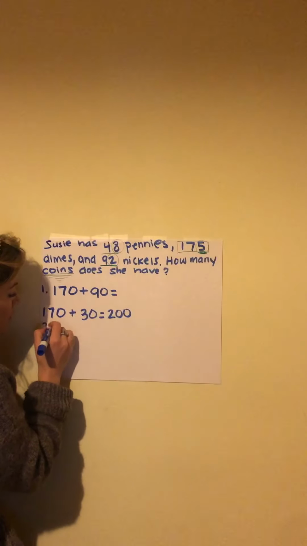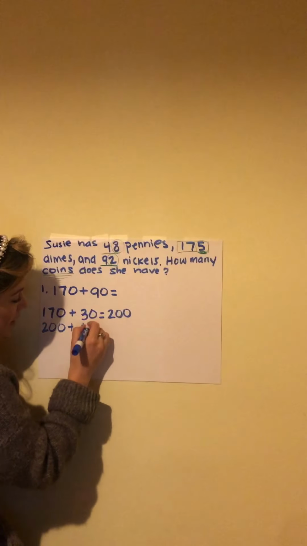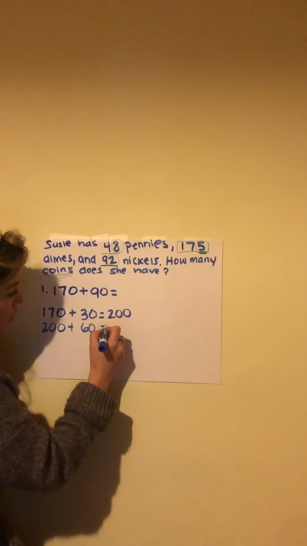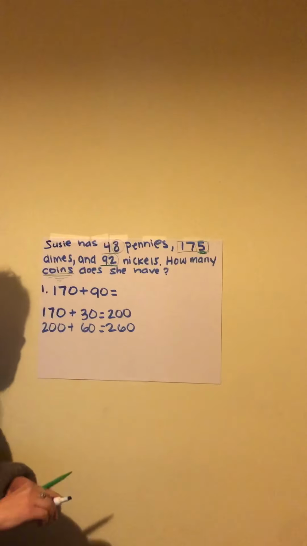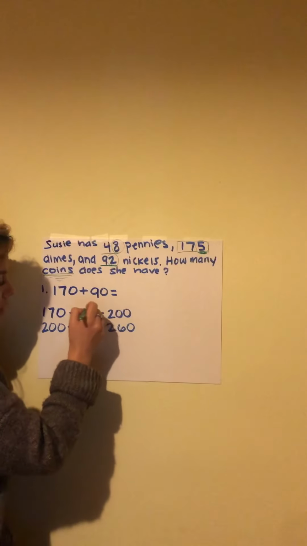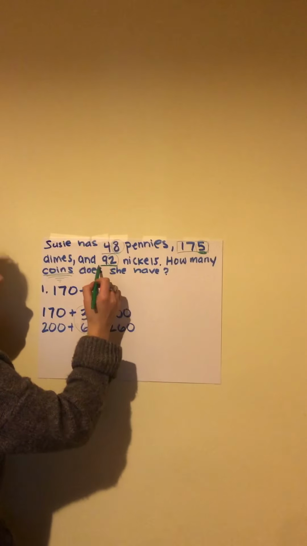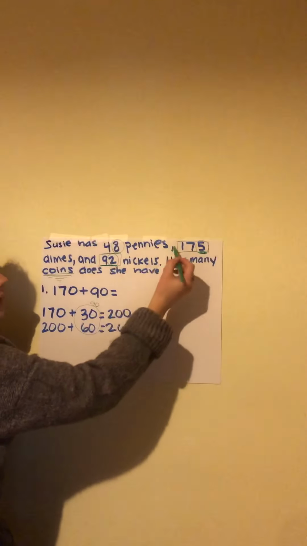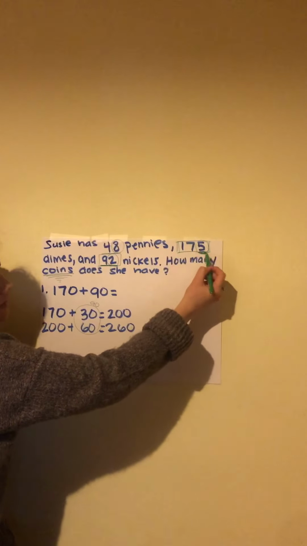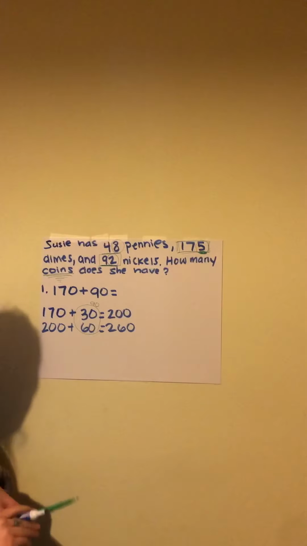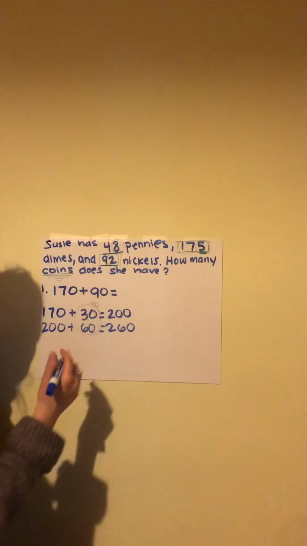Then I'm going to add 200 plus 60, which gets me to 260. 60 and 30 is 90. So I've already added the 90 nickels as well as this 175 dimes. Next, I'm going to move on to my pennies.